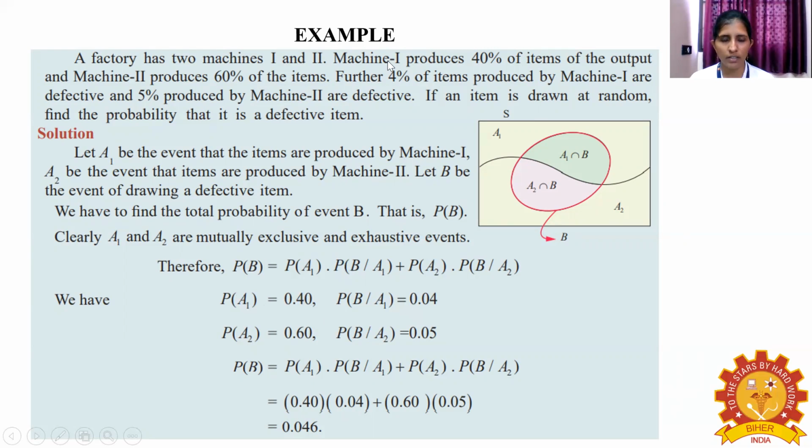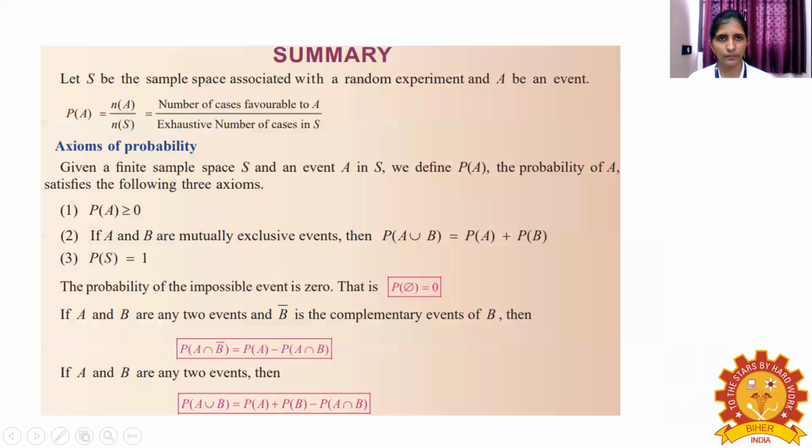All this is given. Out of A1, 4% is defective, so we specify it as 0.04. And similarly for P of A2 and P of B by A2, the values are given and you substitute them in the given formula. So we get 0.046.